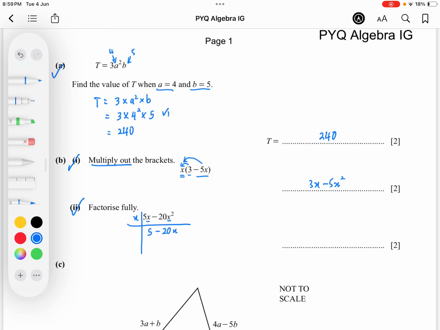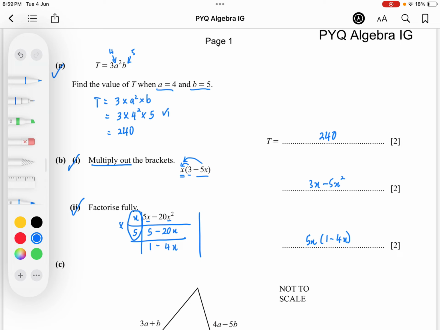What else can we divide with? We can divide it by 5, and that gives you 1 minus 4x. So that means x times 5, so that one you put outside the bracket, and then inside the bracket 1 minus 4x.